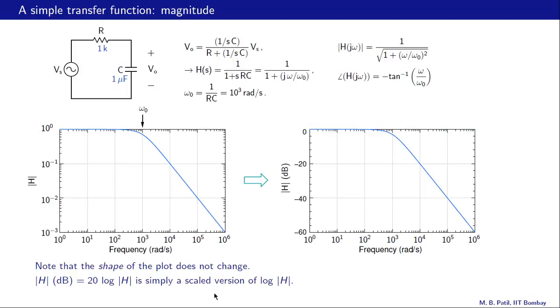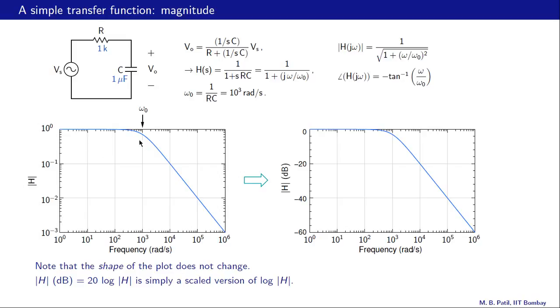Alright, let us now see what happens if instead of plotting mod h on a log scale like we did before, we plot mod h in dB on a linear scale. This is a linear scale, 0, minus 20, minus 40, minus 60, etc. And what we see is that the shape of the plot does not change.